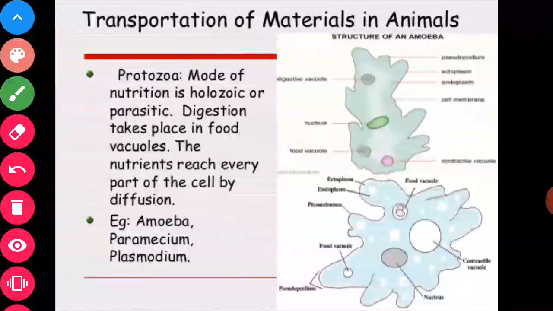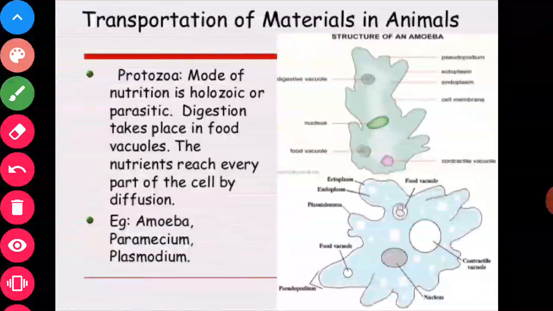Like amoeba, paramecium, hydra, they do not need any transport system, and the transport of substances that takes place in them is by the process of diffusion. Like liquids and gases, if they need any liquid or any gas, that takes place by the process of diffusion.